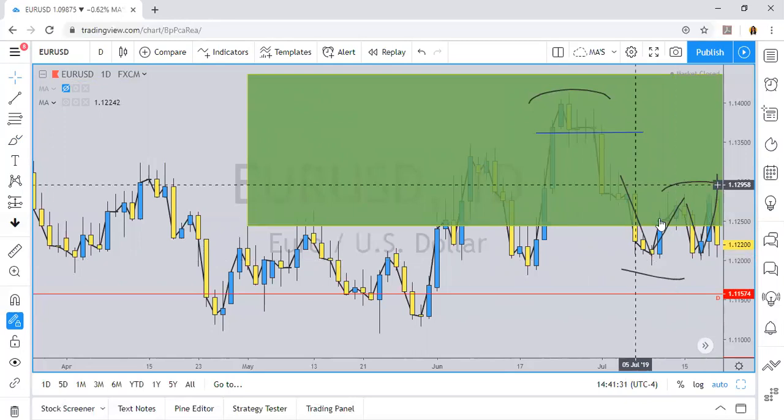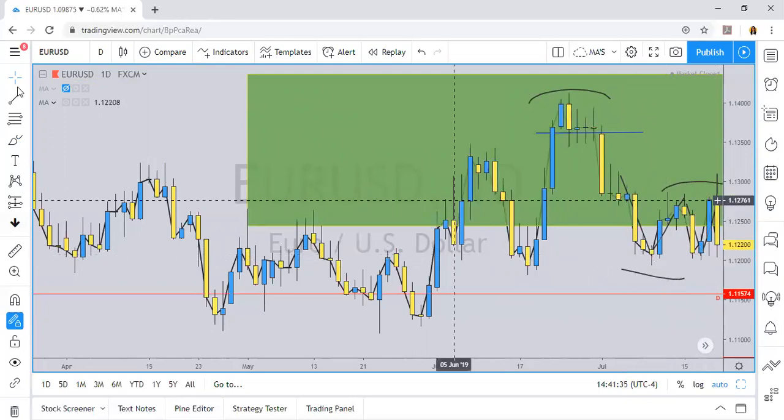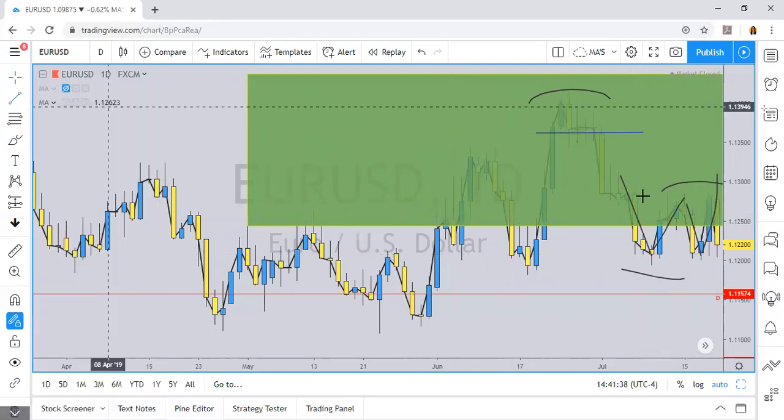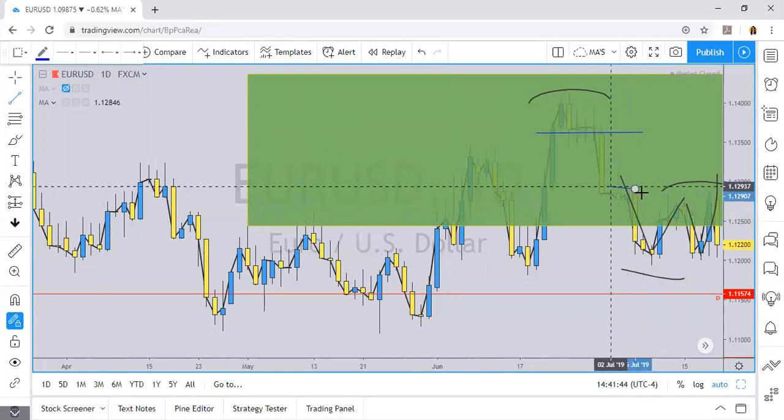Because this does look like a double bottom, but then look at the top, structure has not been broken. Okay, so the market created a low here. My apologies, let me move that.